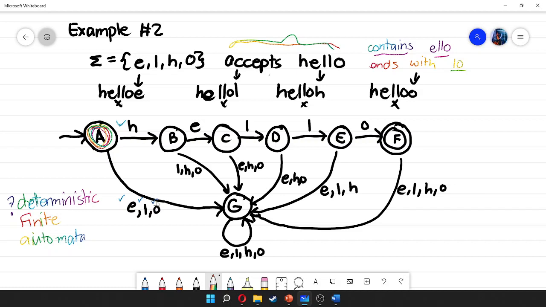Meaning, si A may transition for each symbol here. So that makes the finite automaton deterministic.